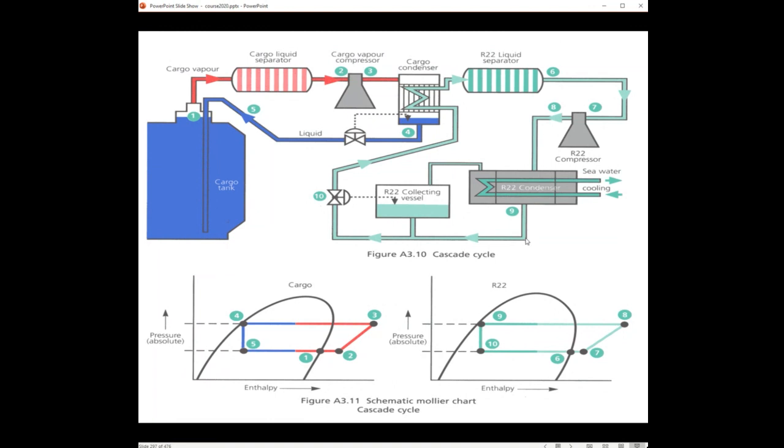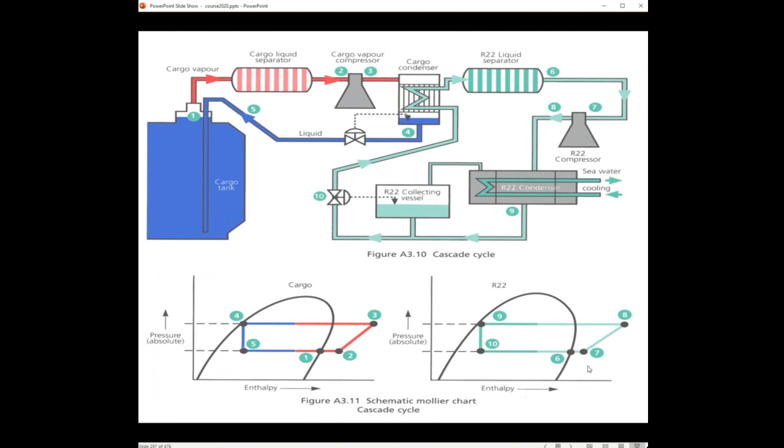And then the refrigerant liquid is sent to the collecting vessel, exactly the same as with the cargo, to an expansion valve, and then we have cold refrigerant. That cold refrigerant we will send to the cargo condenser, and then the system is closed. So we have two identical systems, one where the cargo is circulating, the second one where the refrigerant is circulating.